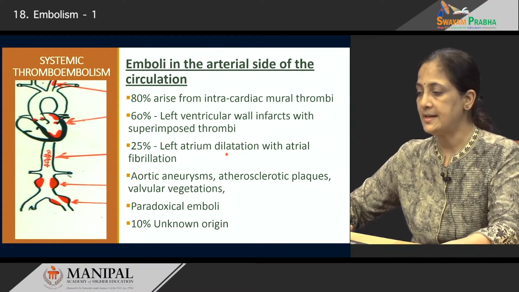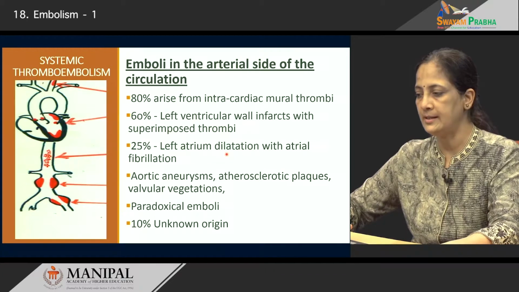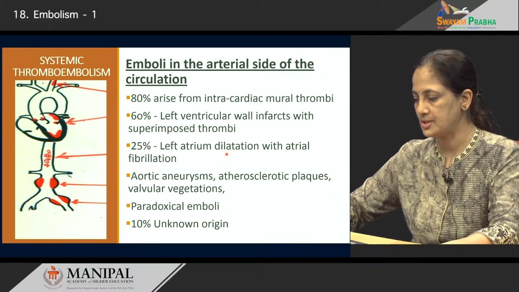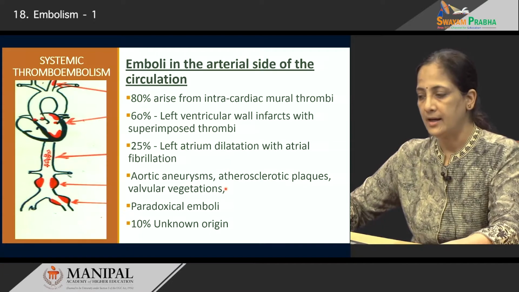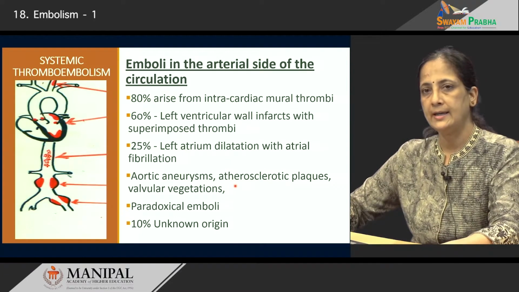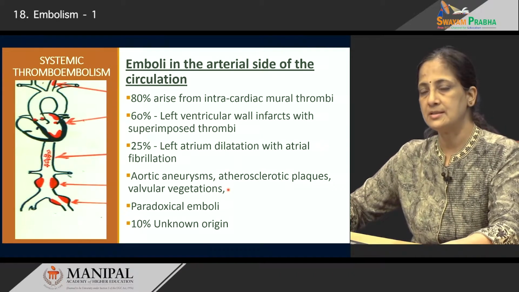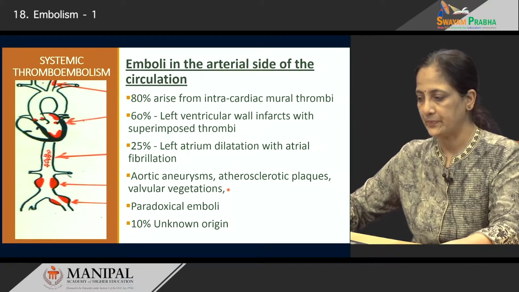About 25% of these thrombi arise from left atrial dilatation and thrombi with superadded atrial fibrillation, causing pieces of the thrombi to get dislodged. The remainder of thrombi are derived from aortic aneurysms, thrombi overlying atherosclerotic plaques, and from vegetations which form on the surface of the cardiac valves.